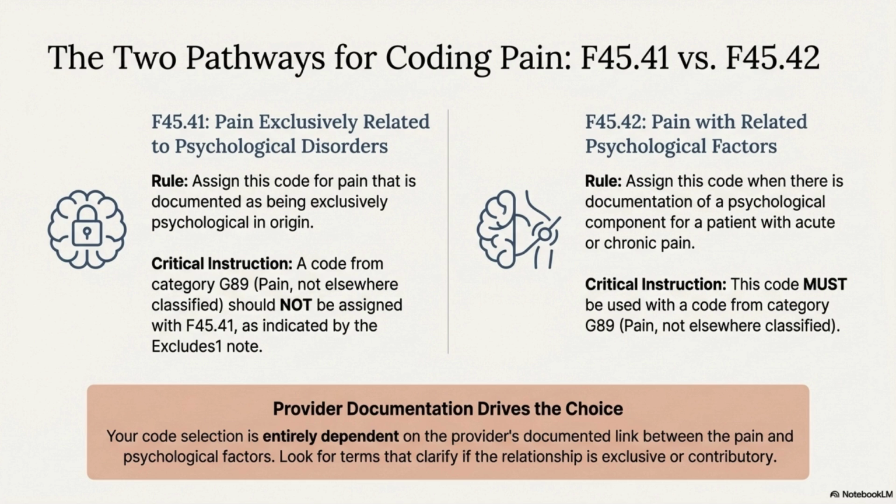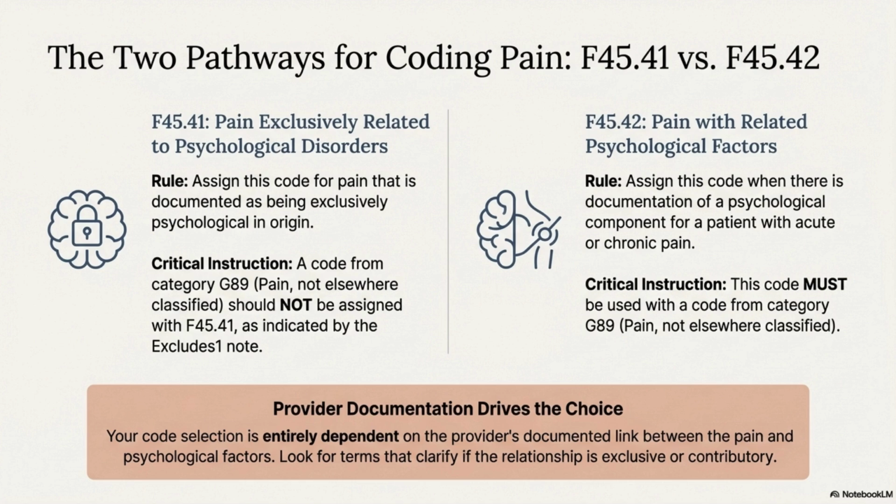If the pain is described as exclusively psychological, meaning the physical sensation is caused, increased, or prolonged primarily by mental, emotional, or behavioral factors rather than a physical injury or illness, then we follow one coding path. But if psychological factors are simply influencing the pain, that's a different situation. In these cases, emotions, thoughts, stress, anxiety, depression, or even catastrophizing can change how the patient perceives pain.